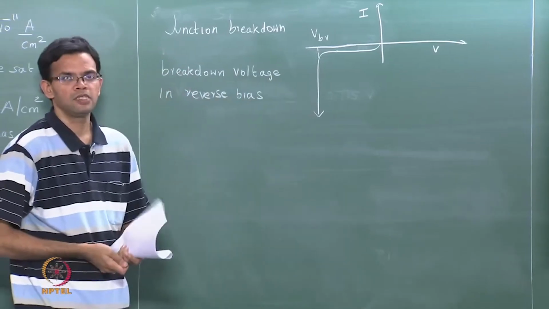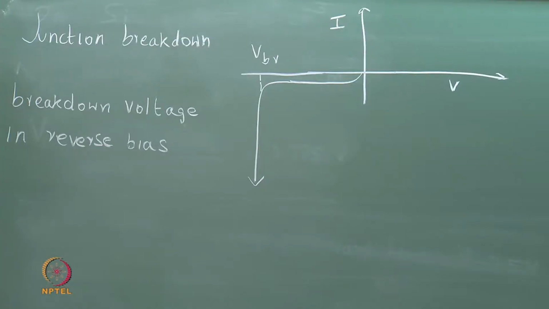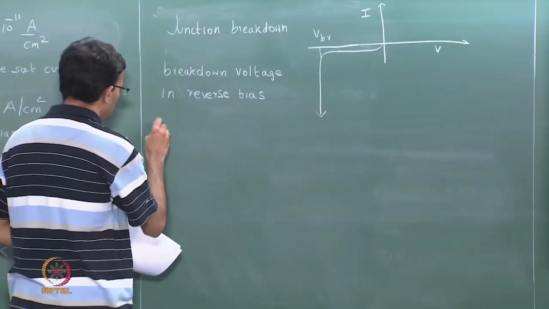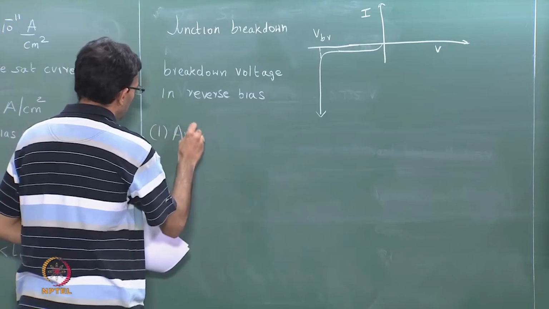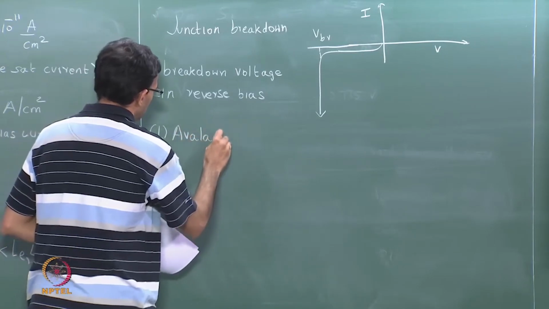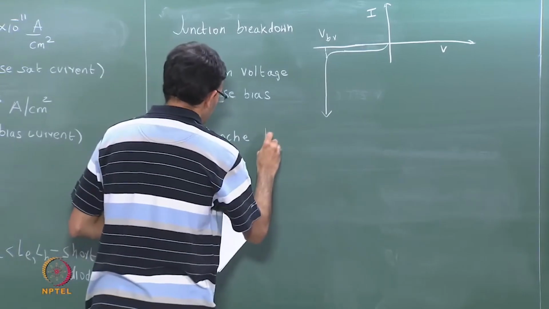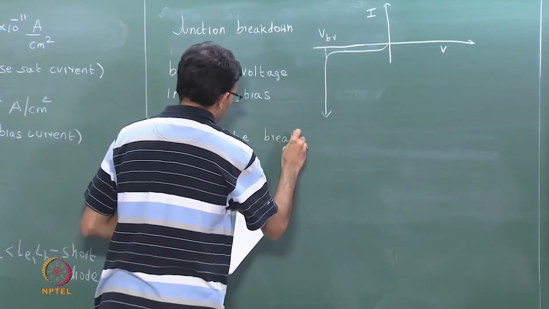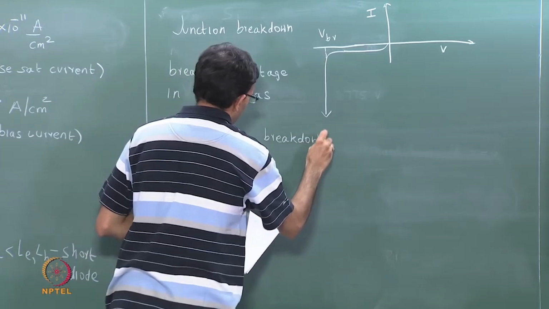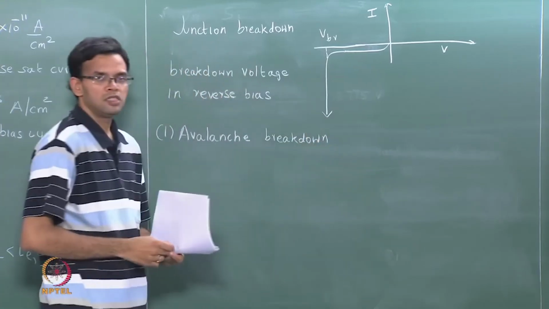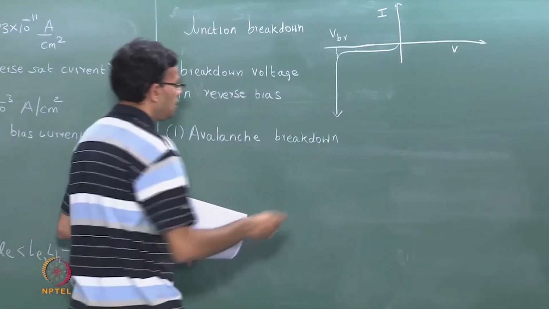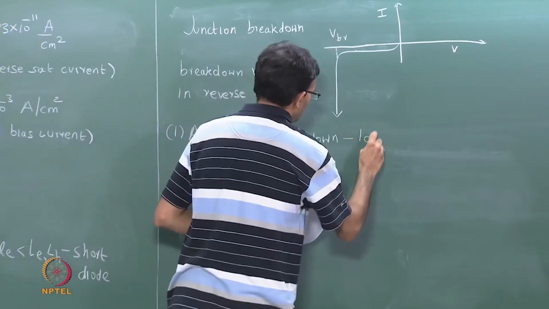So, when this happens, we said that the PN junction has broken down, and there are two mechanisms for this. One is your avalanche breakdown. So, this occurs for PN junction with low doping.